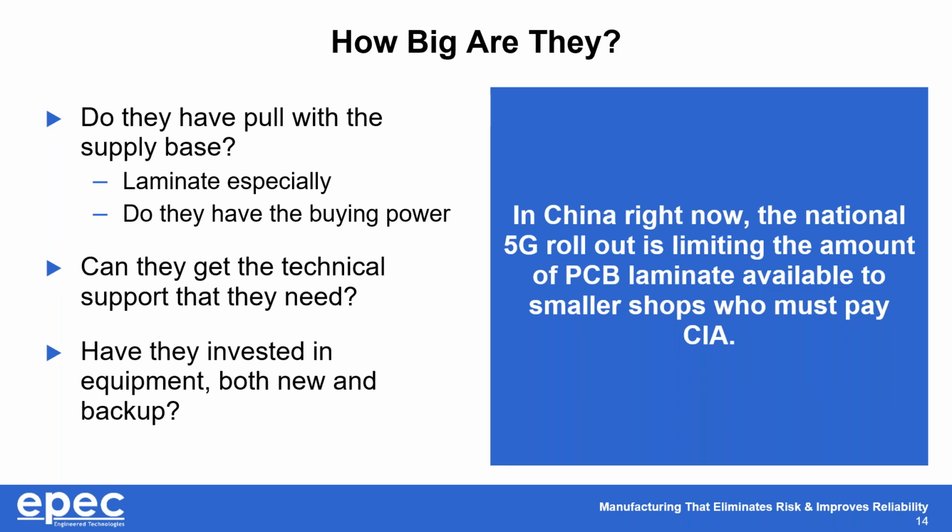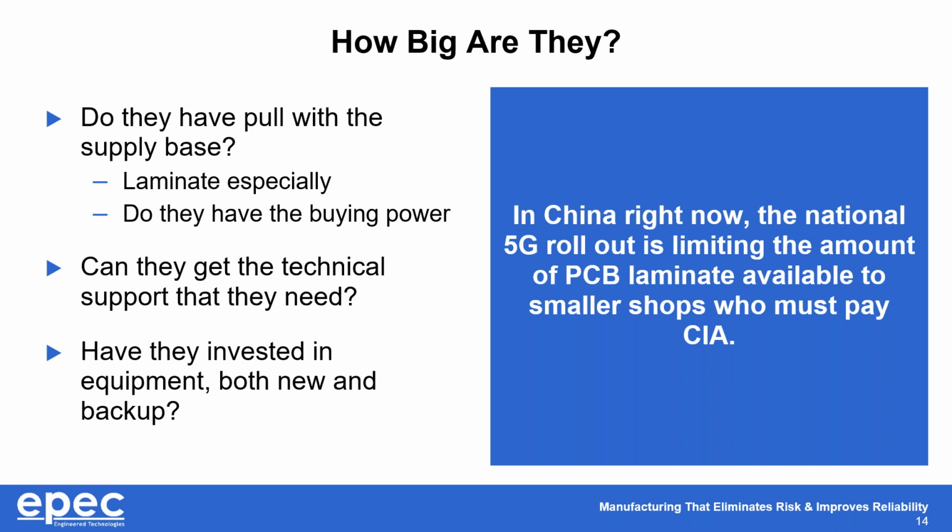One of the other things is, how big is the fabricator, right? Because the reality is that it matters for a couple of different reasons. One is that the larger companies get a little bit more pull, especially when it comes to laminate, right? Not only is the laminate availability critical for delivery, but the laminate cost is a lot different when you're buying that much in volume, right?